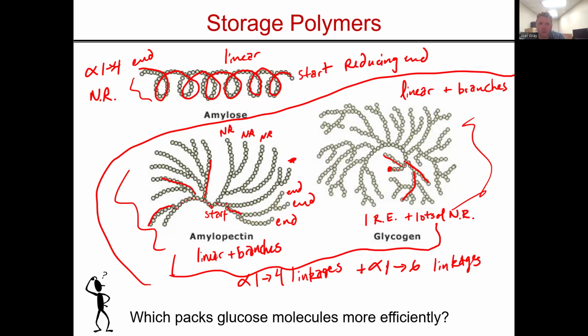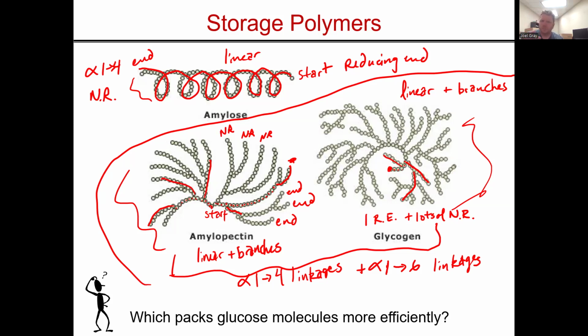There's a branch. 1, 2, 3, 4, 5, 6, 7, 8, 9, 10, 11, 12, 13, 14, 15, and there's a branch. So with amylopectin, we had a couple that were as early as 3 subunits in, and then a couple that took 14, sorry, 15 subunits.